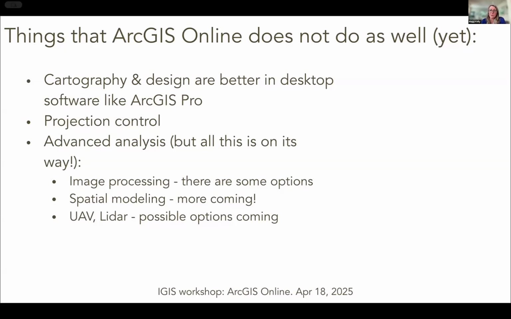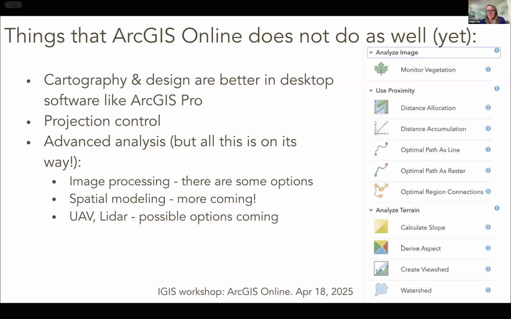There's lots of important capacities that are being added to ArcGIS Online. I just took a snapshot of some really neat modeling things that you could never have done in ArcGIS Online, like distance allocation, distance accumulation, what's my optimum path, all this stuff. This is all in the cloud now.